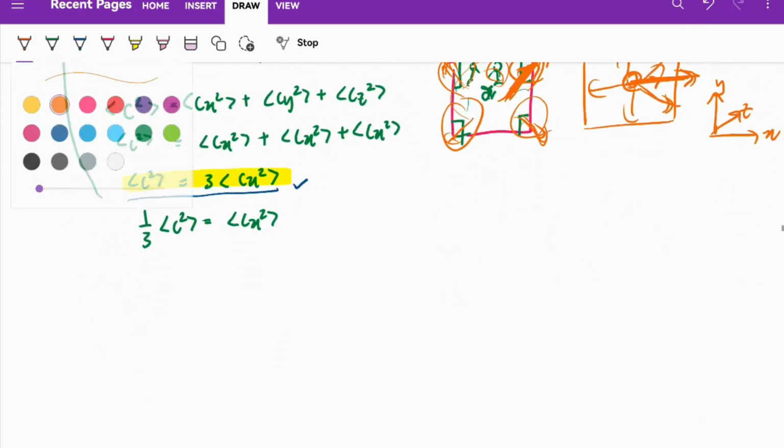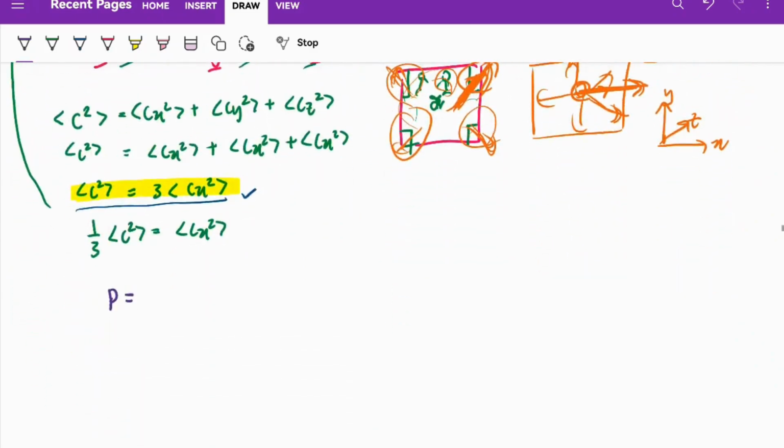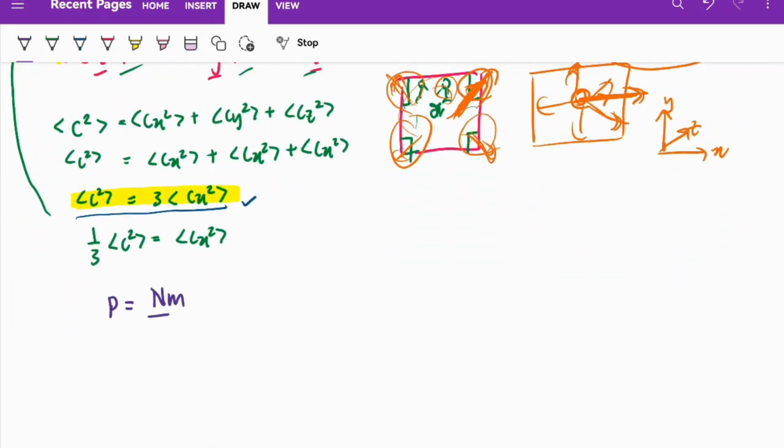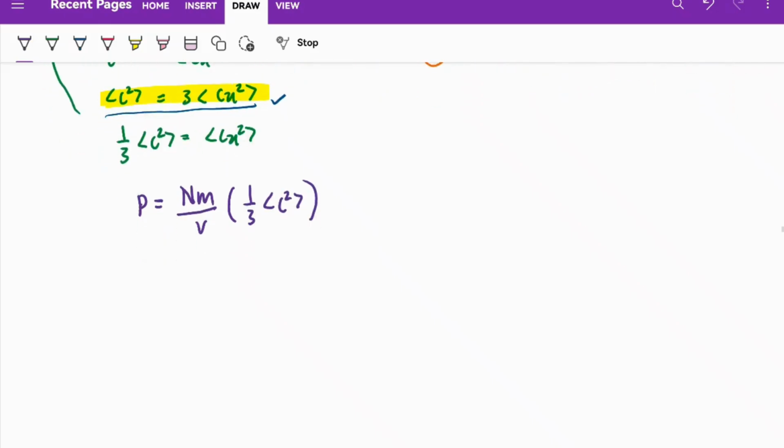Okay, let me use a different color. P equals n m over v. Our cx square is now 1 over 3 c square. So now how do we write it better? We can write it as n m over 3v c square.